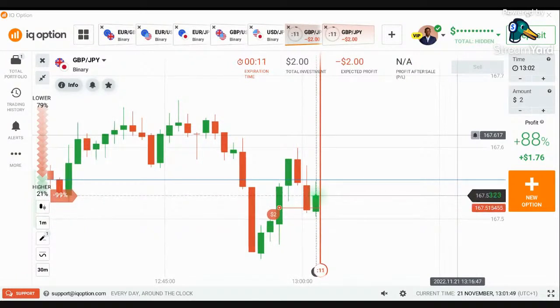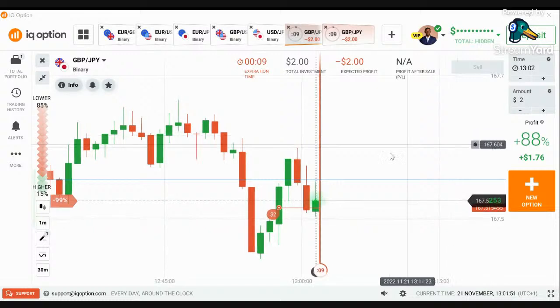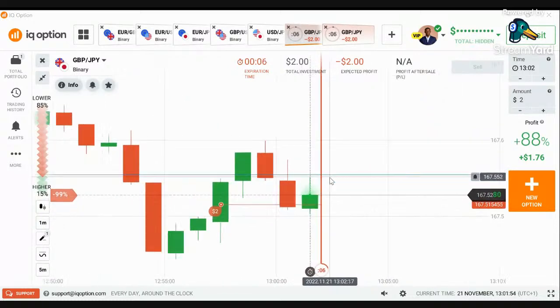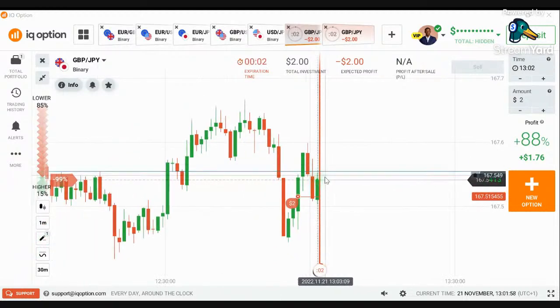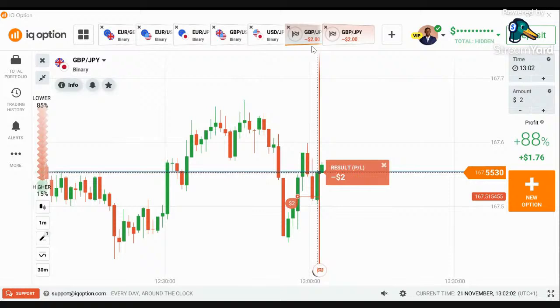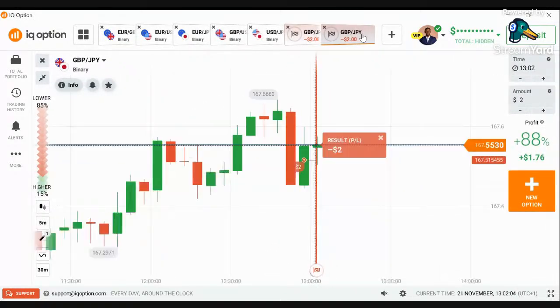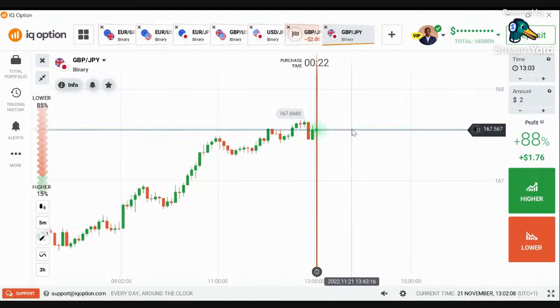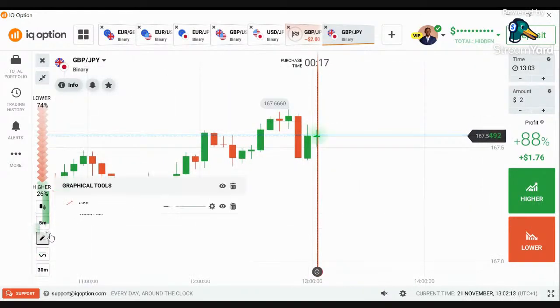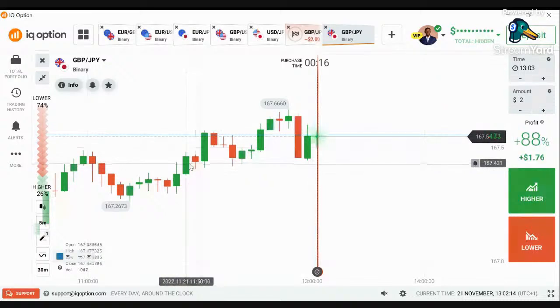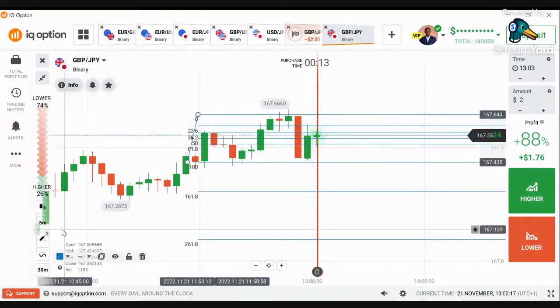So maybe I took it too early. My entry was too early and I lost the trade. Oh, I think the market is ranging. The market must be ranging because this was a very good trade. Let me observe that range.